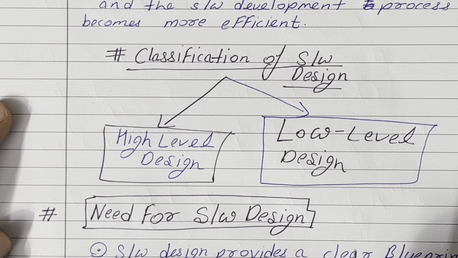And since here the design is prepared at a higher level of abstraction, it does not include programming logic or source code. Instead, it concentrates on planning the software from a broader perspective.